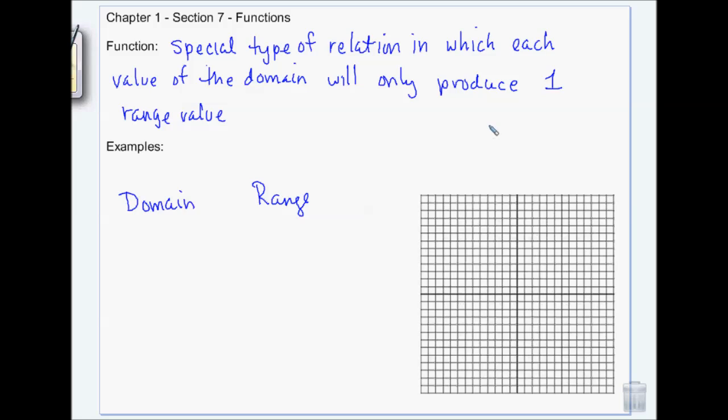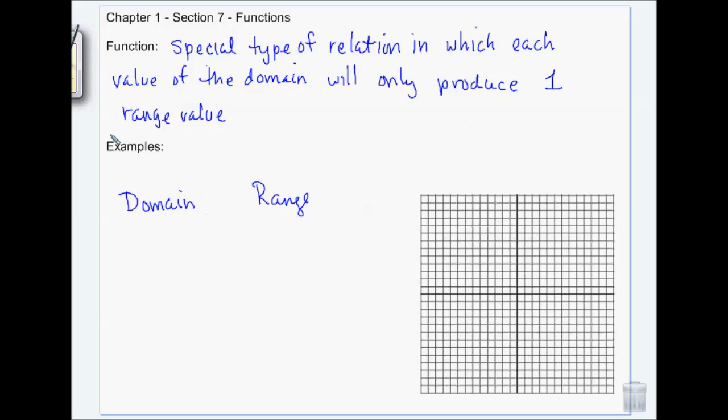So a function is a special kind of relation. Remember, a relation is a relationship between two sets of numbers. And a function is a special kind of relation where every value of the domain, every input or independent variable, only gives you one output, only one range value.